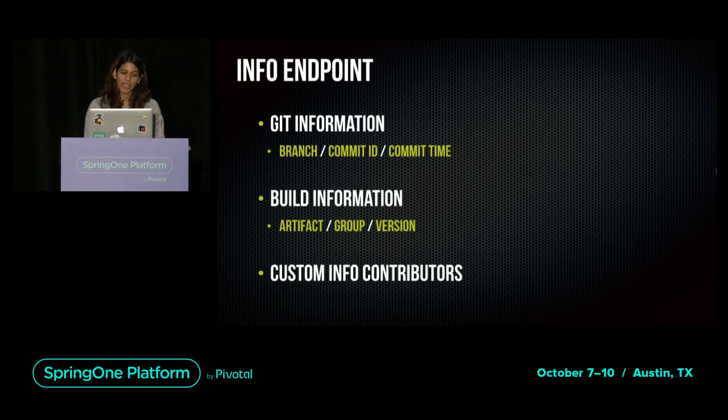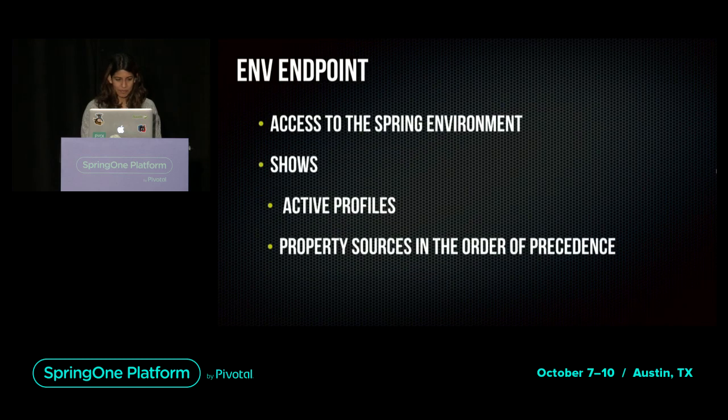The info endpoint, like I said, can show you Git information, build information. So what's the artifact ID, the group ID, and the version of the application that you're running. And you can also add custom info contributors. The environment endpoint, apart from access to the Spring environment, shows you which profiles are active.